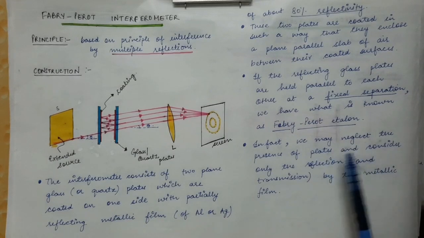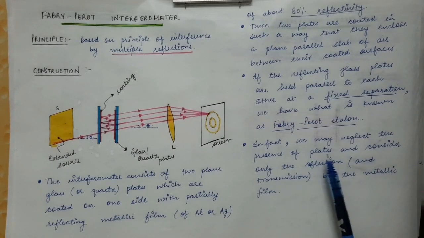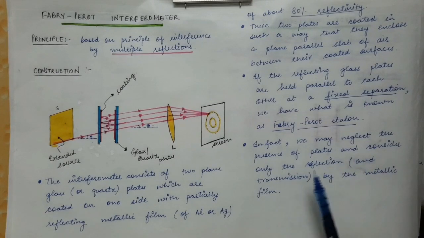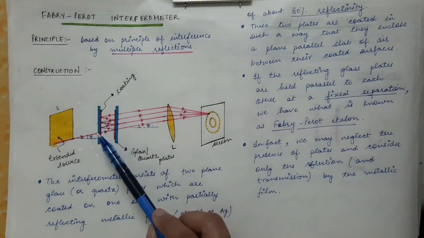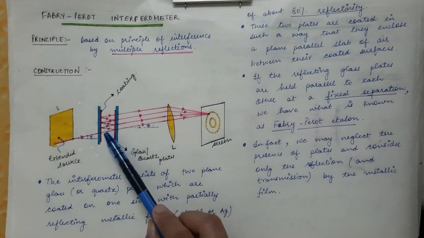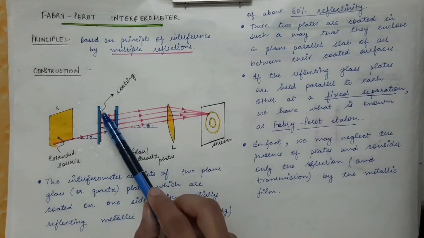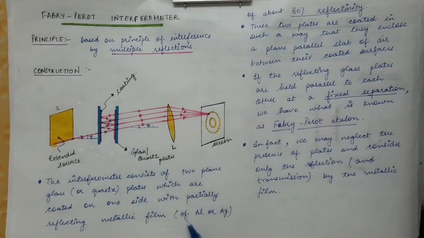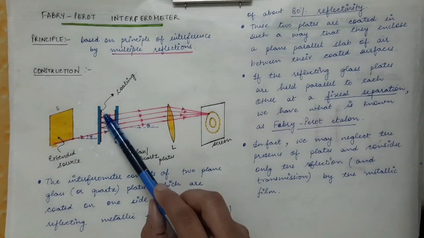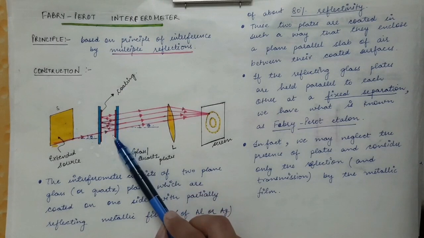So we may neglect the presence of the glass plates or the quartz plates and consider only the reflection and transmission by the metallic film. Actually, the process of reflection and transmission is done by the metallic film of aluminium or silver which is coated on the inner side of the glass plates.